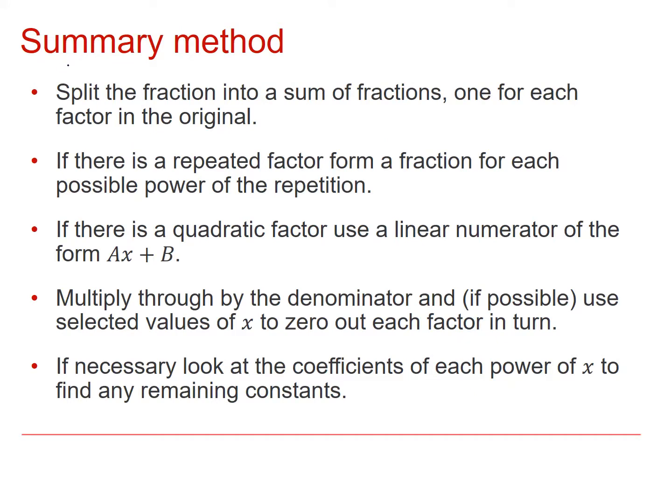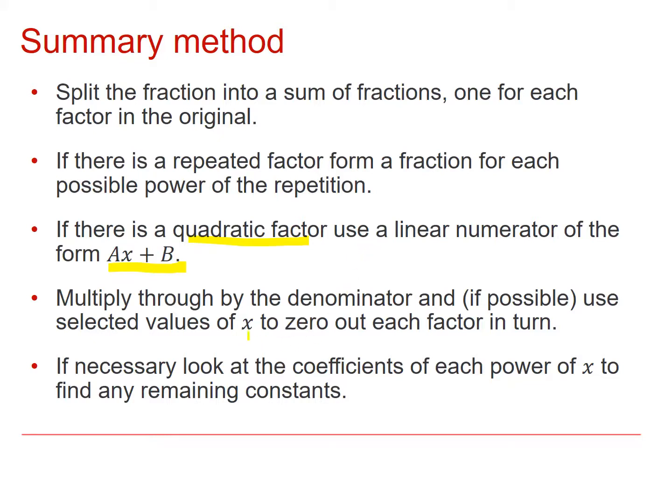So in summary, for the method, split the fraction into a sum of fractions, one for each of the factors in the original. Repeated factor, we know we form a fraction for each possible power. If you've got a quadratic factor, then you need to use a linear expression on the top for the numerator, something like ax plus b.